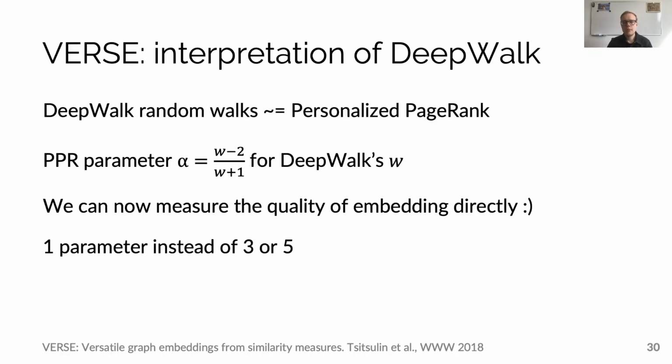The cool thing about thinking about the similarity part is that we can measure the quality directly because we know what similarity we want to use in the first place, and then we can measure how well it's reconstructed by the embeddings, instead of sampling and doing optimization without any reasonable objective. And compared to DeepWalk and node2vec, I have 1 parameter instead of 3 or 5, which should ease the life of the practitioner a bit, I hope.